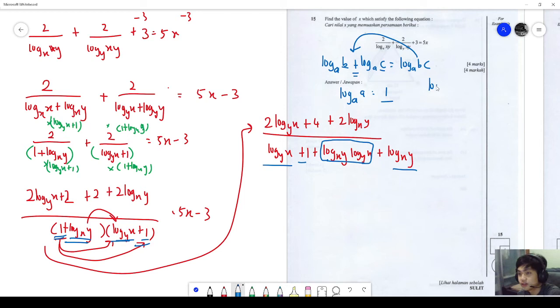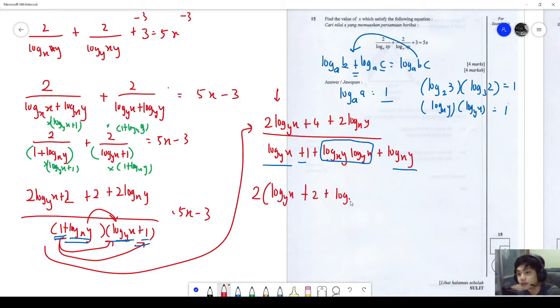Now, special attention given to this one, because if you were to test this out on your calculator, for example, we just use values, log_3(2) multiplied with log_2(3), you notice that you'll get the value 1. So once you test it out, logically in this case, log_x(y) times log_y(x) would be equal to 1 as well. So we can work on this by first simplifying the top, so it'd be 2 log_y(x) plus 2 plus log_x(y), over log_y(x) plus 1.